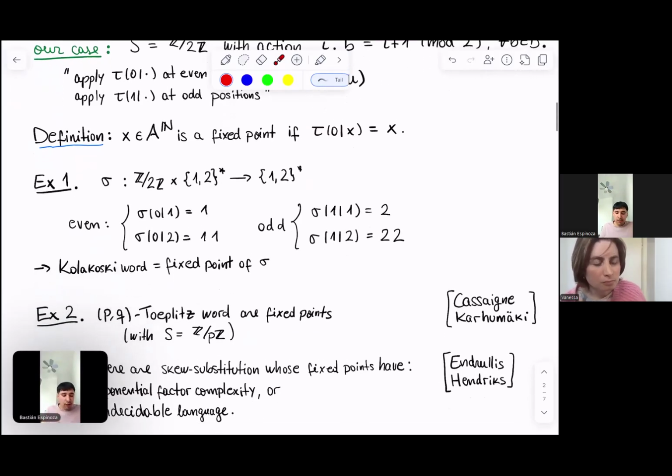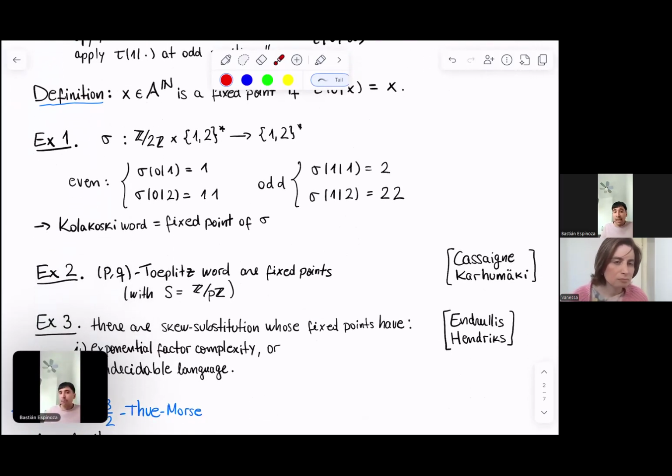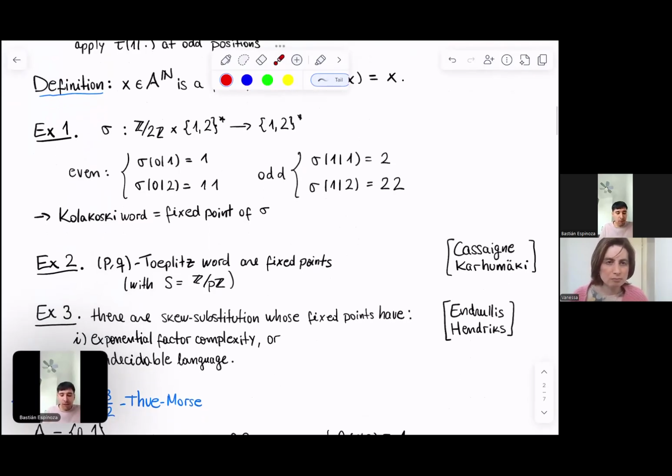On the other hand, there are better behaved examples. The second example that I want to present here is something that appears in the work of Julien Cassaigne and Karhumäki from 2003, more or less. They study what they call PQ tuplet words. This can be defined also using periodically iterated substitutions. They are related, of course, to tuplet substitutions.